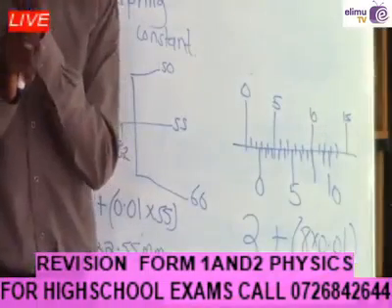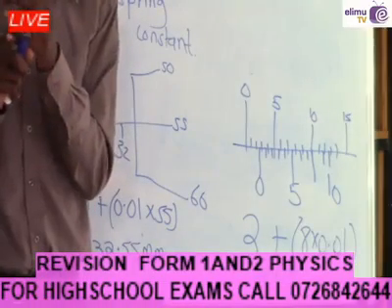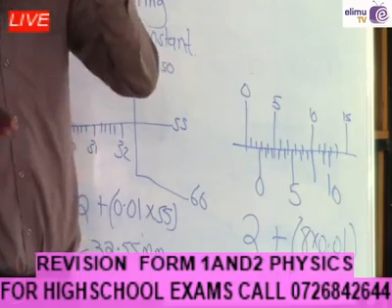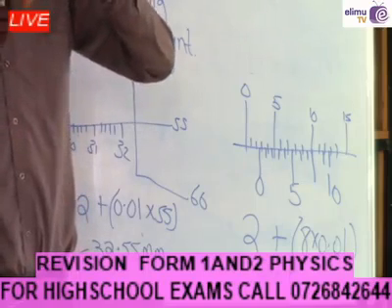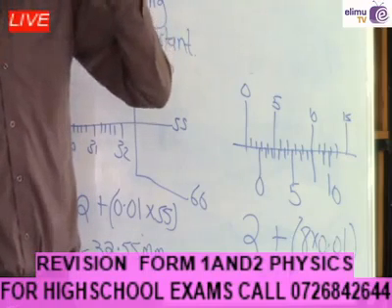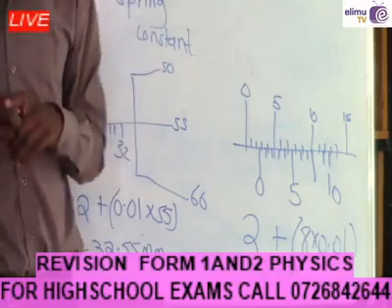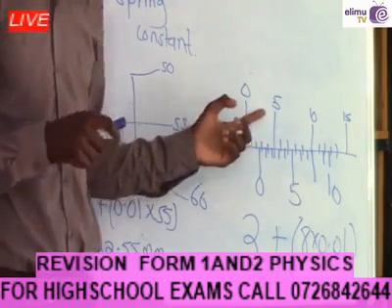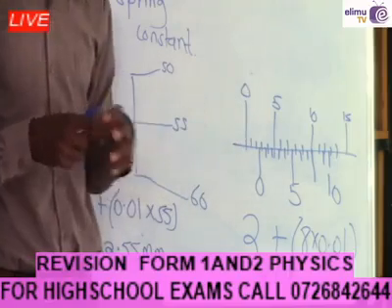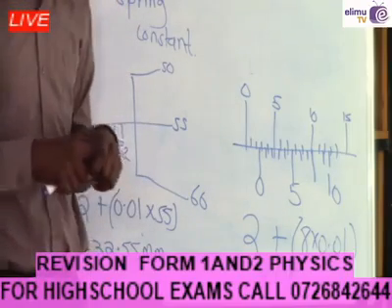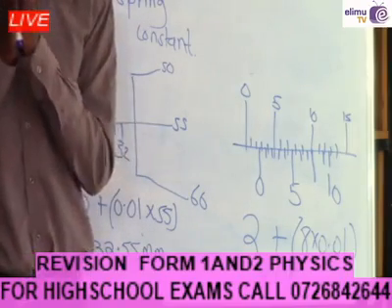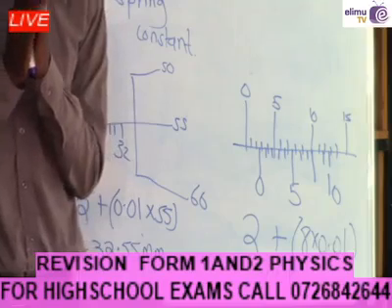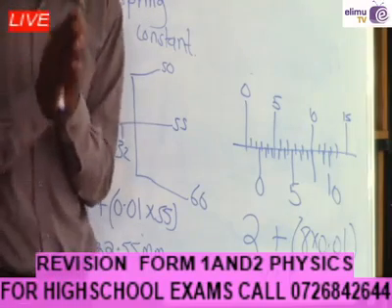Something that I also have to remind you about the vernier calipers: it has the outer jaw and the inner jaw. So it can be used to measure the diameter of at least some large objects. For example, the top of a bottle, you can get its diameter using the vernier calipers. Because it's larger, it's used to measure diameters which are larger as compared to the micrometer screw gauge.